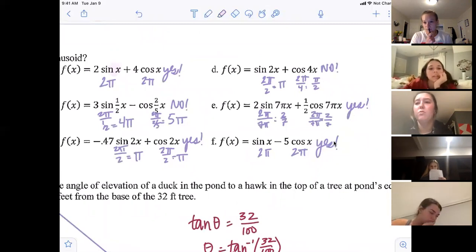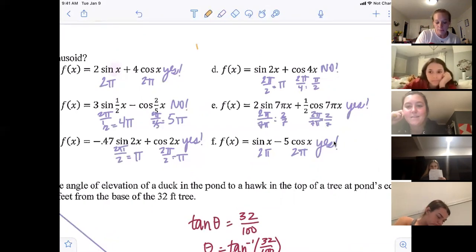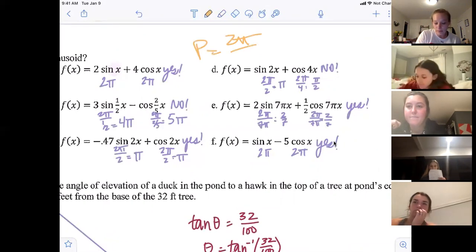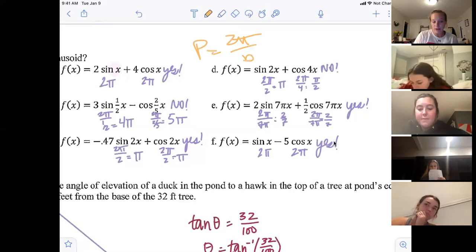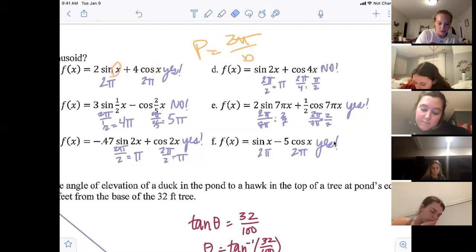Wait, can you explain how you figure that out? I was gonna ask, could you explain that again, please? Okay, this uses the period, which we've done a lot. Period is 2 pi over b. And b is like whatever's in front of x. So like there's nothing in front of x here. So your period is just 2 pi. If the period is the same for both pieces, then we say yes, it's sinusoid.